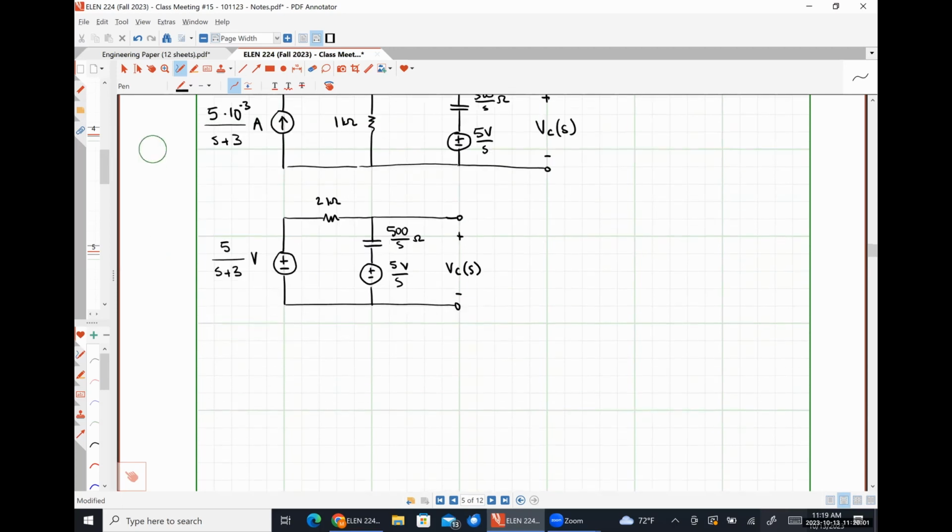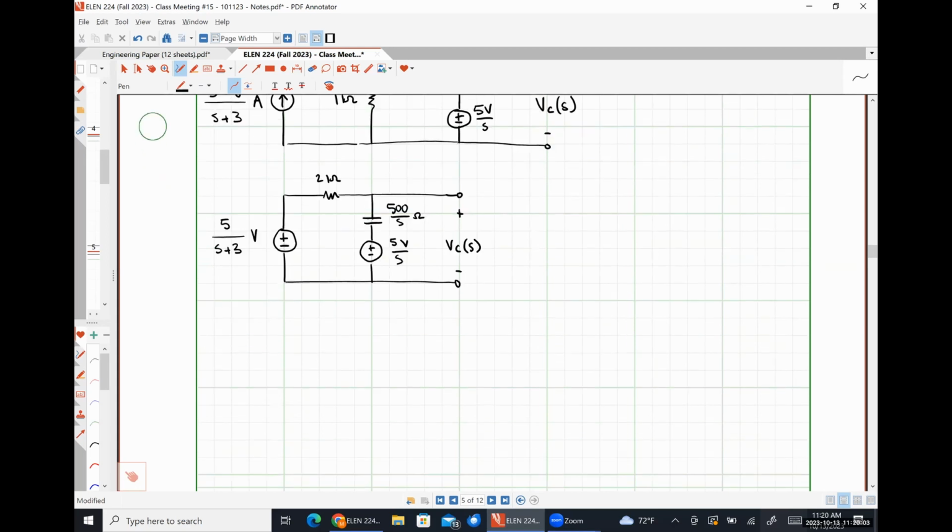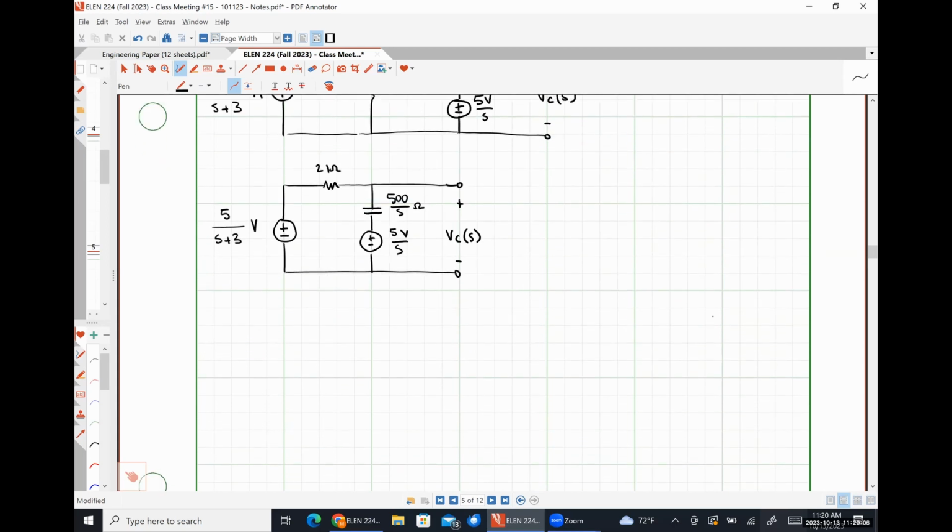So let's say that our total voltage is going to be 5 over S plus 3 minus 5 over S, where these things together have units of volts, must be equal to some current.